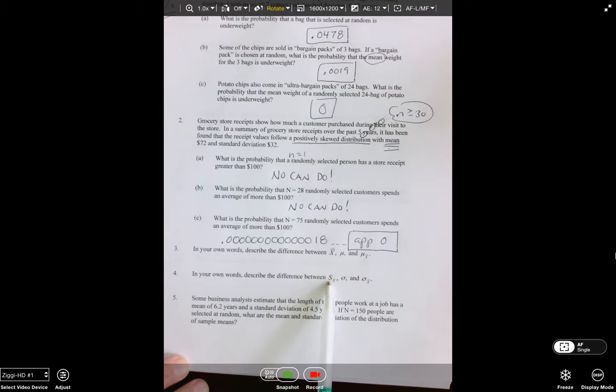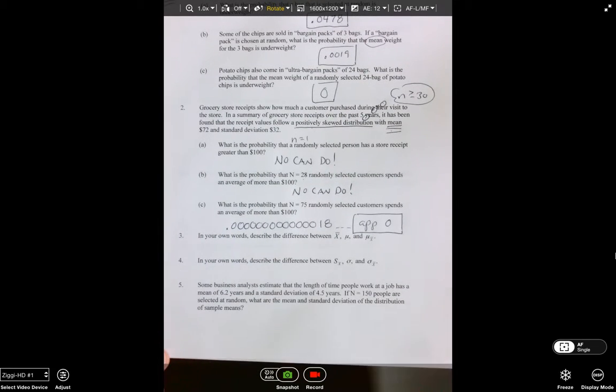Sx, standard deviation for the sample. Sigma, standard deviation for the population. Sigma sub x bar, well, standard error, but it's the standard deviation of the distribution of sample means. So the mean of the distribution of sample means, the standard deviation of the distribution of sample means.